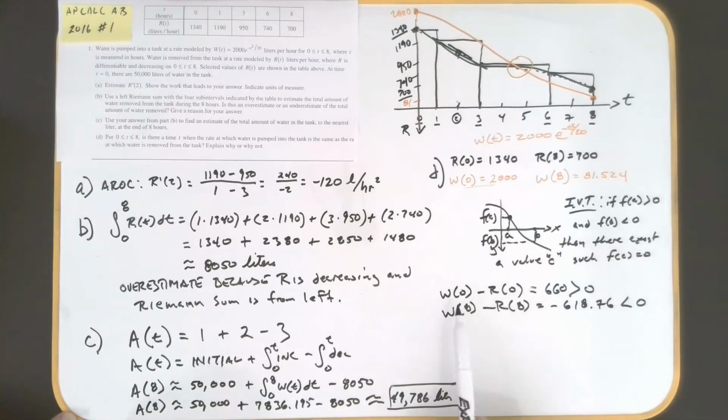So what I'm showing is the difference of the functions at the beginning of the day is positive. The difference of the functions at the end of the day is negative.